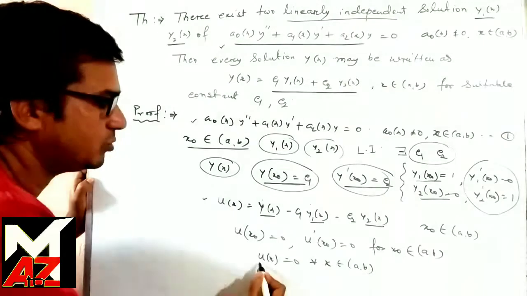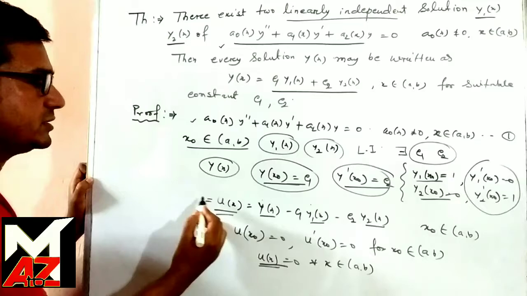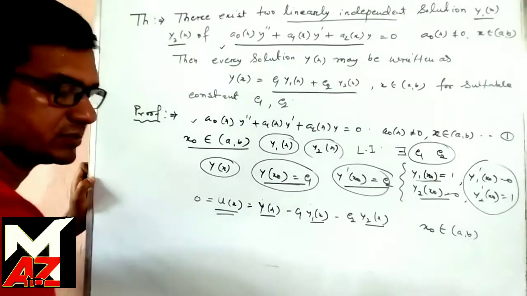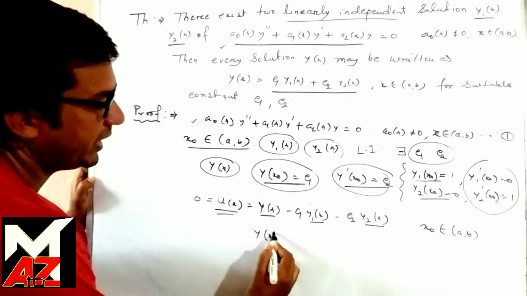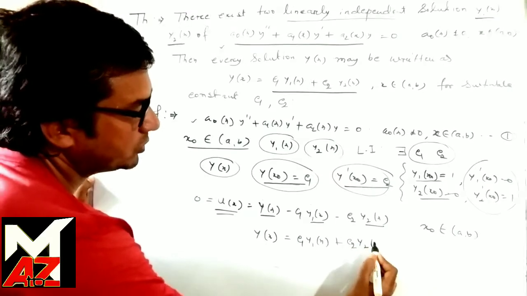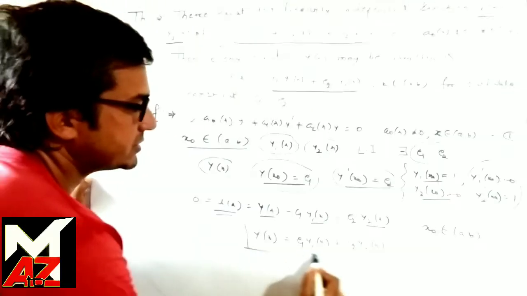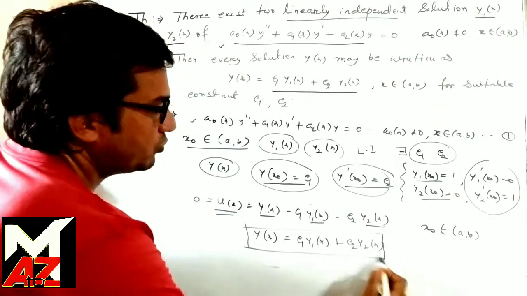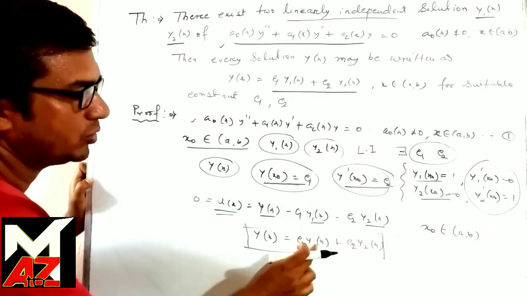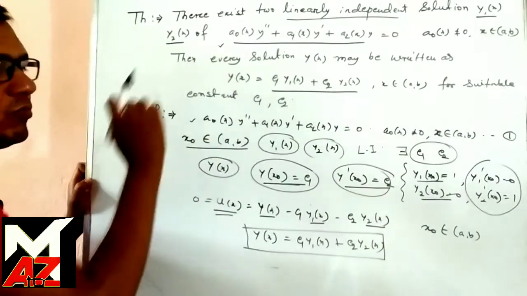Now putting u of x equal to 0 here, we get the relation y of x equal to c1 y1 x plus c2 y2 x, and this is the proof of the second case, because y of x is any solution and y1 x and y2 x are the independent solutions of 1.